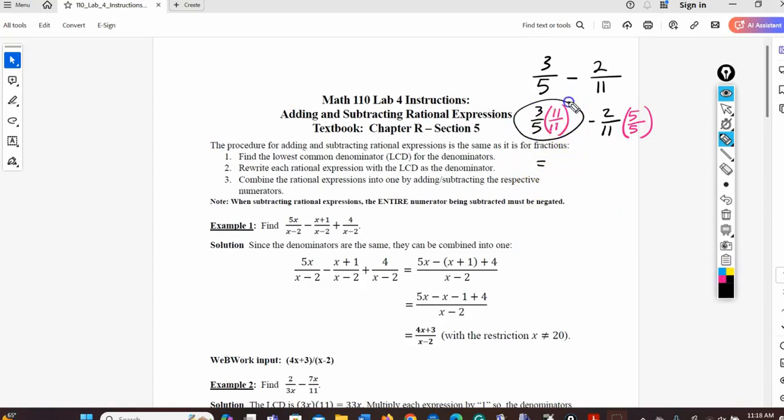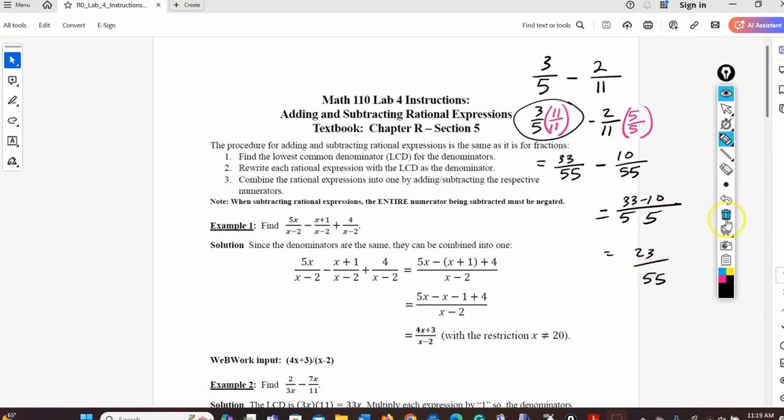And then you would multiply these, and so you just multiply the tops and multiply the bottoms. And now that they have the same denominator, you can put them together into one fraction, and we would get 33 minus 10 here. And so your answer would be 23 over 55.